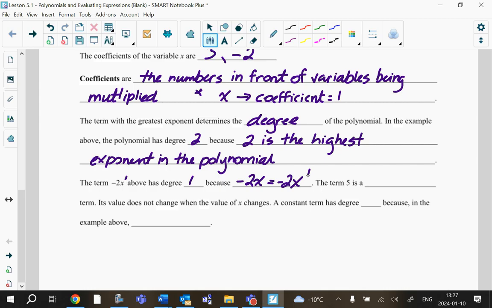5 doesn't have an exponent. So that means 5 doesn't change at all. 5 is just 5. And if something doesn't change at all, we call it a constant.